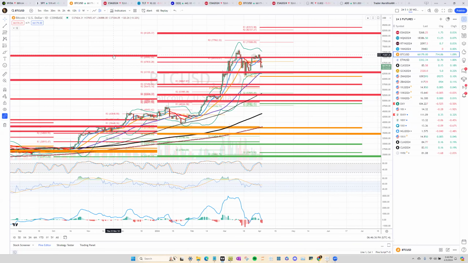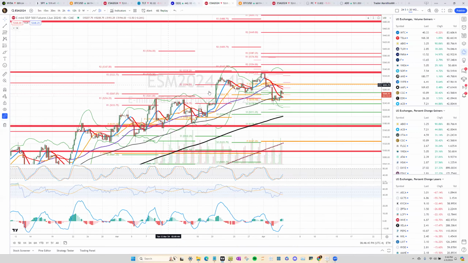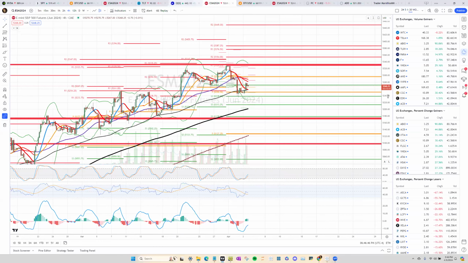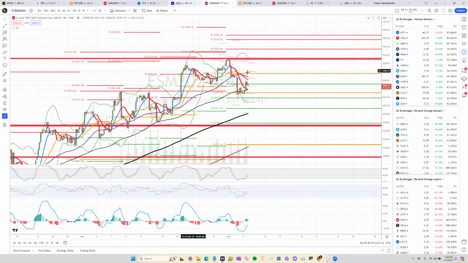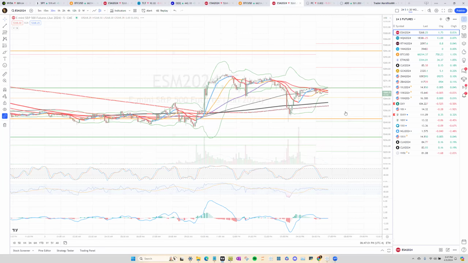4 hour, I talked about the 4 hour pivots. This has started to add weekly levels and the daily pivot only, but all the other settings, Bollinger Band, moving averages, the slope, stochastic, RSI, all the same. And then down to the 30-minute chart, I just fill in more detail on the daily pivots themselves.